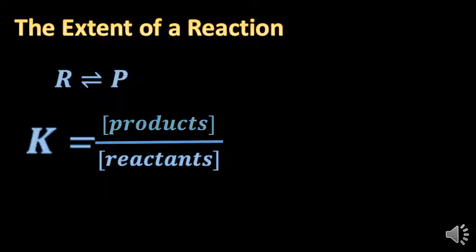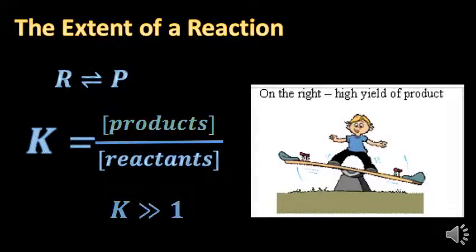What's it say? A value of K much larger than 1 means that the equilibrium reaction system will consist of mostly products, the equilibrium lies to the right. So here we end up on the right, high yield of product. When K is much greater than 1, we end up with a high yield of product.